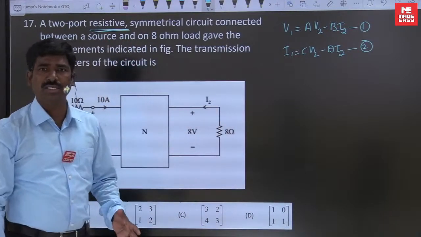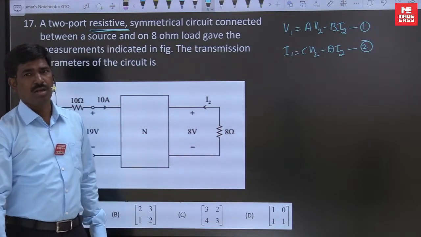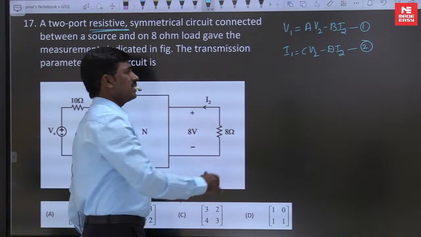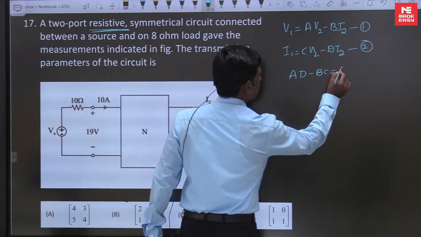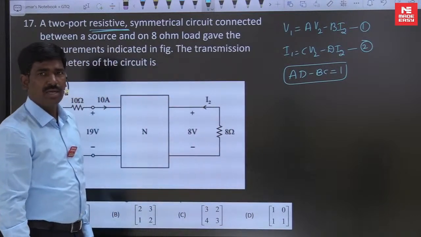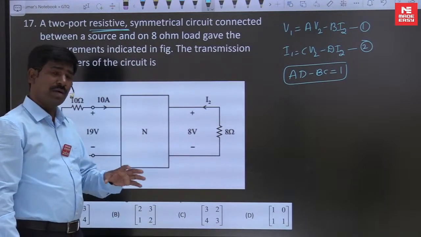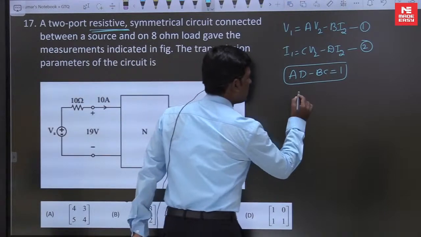All resistive networks are reciprocal networks. So what is the reciprocal condition? AD minus BC is equal to 1. This is certain for a resistive network. A symmetrical network also, symmetry means A is equal to D.